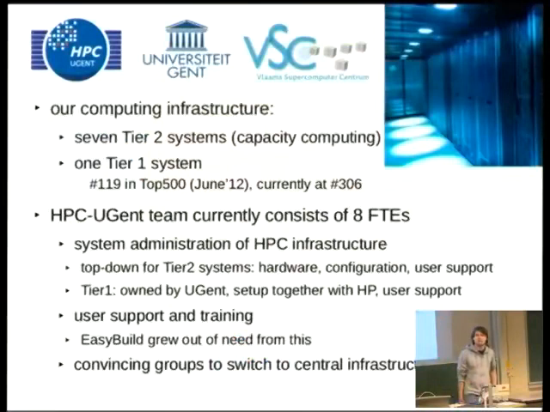We have a big computing infrastructure, 7 clusters at the moment, and one shared system between the Flemish universities. Tier 1 was number 119 in the Top 500 in 2012. There are 8 people on the team, and they're all here today.